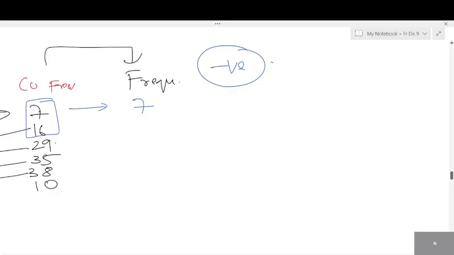Then subtract. 16 minus 7, don't look at your textbook or notes. 16 minus 7 is 9. If you want to find the third one, what do you have to subtract?